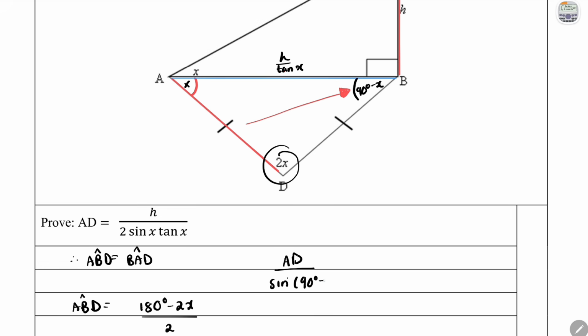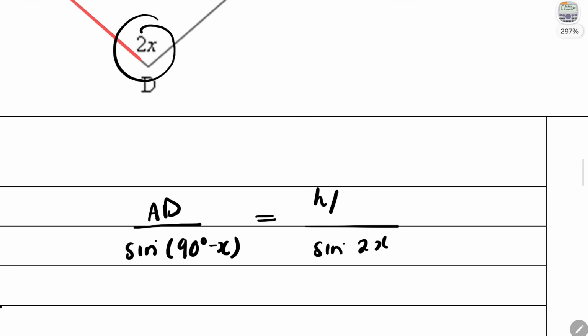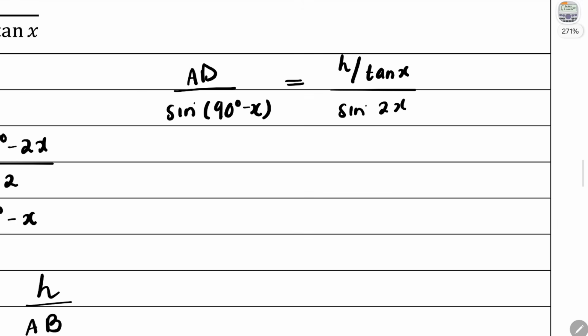So sine of 90 degrees minus x is equal to, and then we're going to say another side that is available, which is AB over sine of the angle opposite it, which is the 2x. So sine 2x. But we already know that AB is h over tan x. So this is h over tan x. And now all we have to do is simplify.